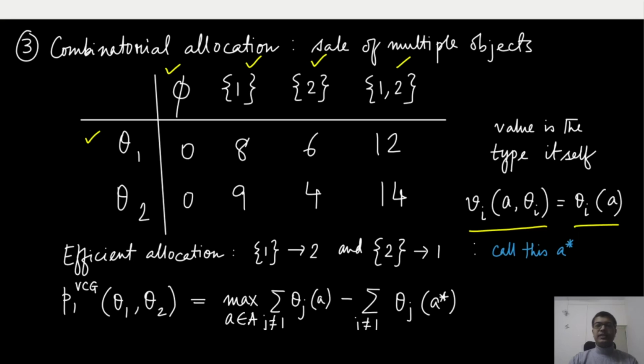The social welfare is going to be maximized if you pick these numbers. You give the first object to player 2 and you give the second object to player 1. That is the best allocation. That gives you a social welfare of 15, which outperforms any other allocation.